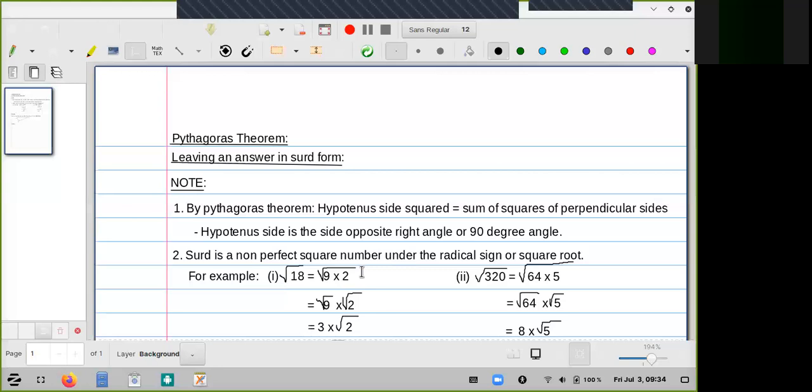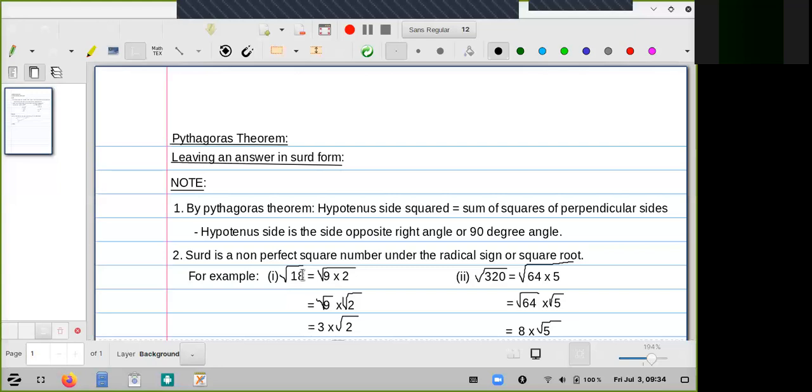Now, in order for us to express the square root of 18 in surd form, what I do here is to find a perfect square which is a factor of 18, right?